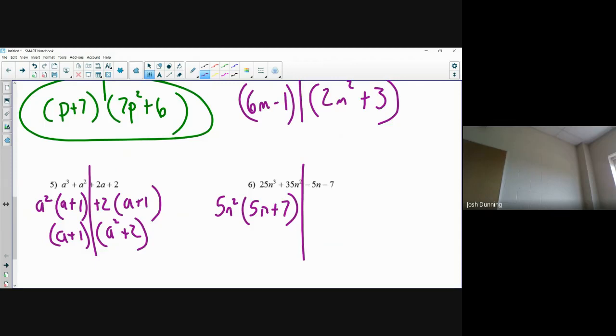Just remember, when your signs aren't going to match up, like we got a positive 5n and 7 on the left. We really don't even have much of a GCF on the right, but they're both minuses. The left is plus plus, the right is minus minus.